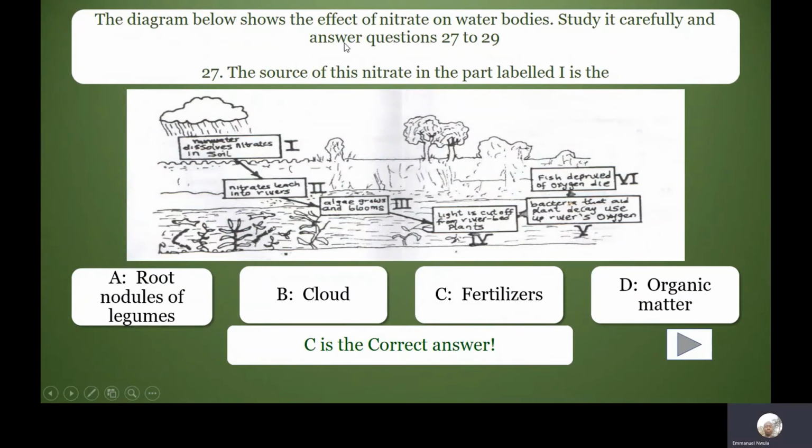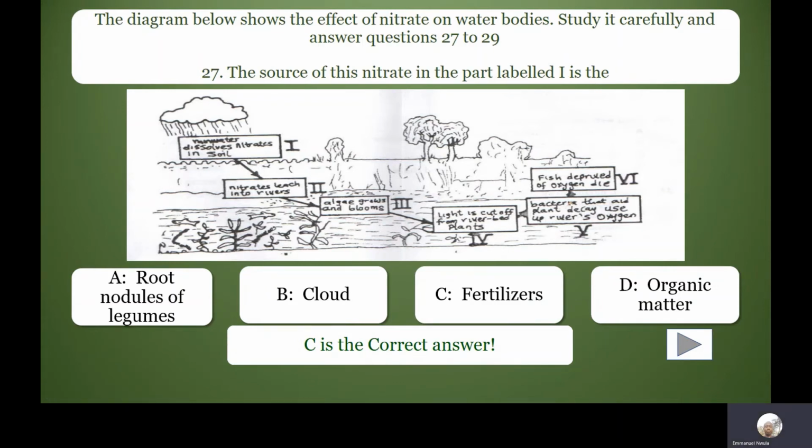The diagram below shows the effect of nitrate on water bodies. Study it carefully and answer questions 27 to 29. The source of this nitrate in the part labeled I is fertilizers.